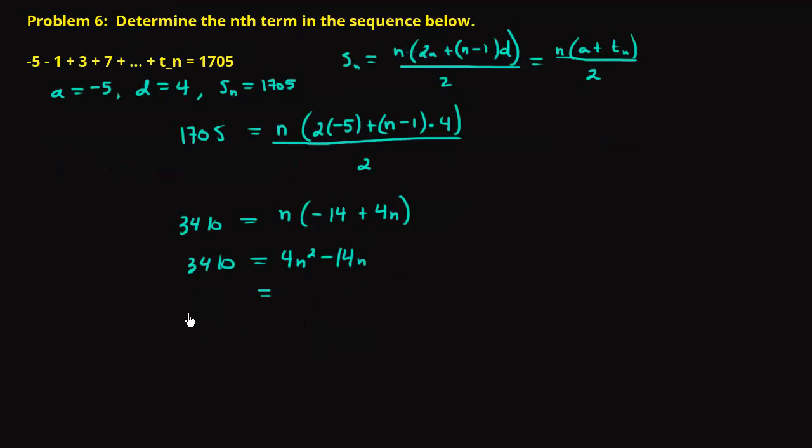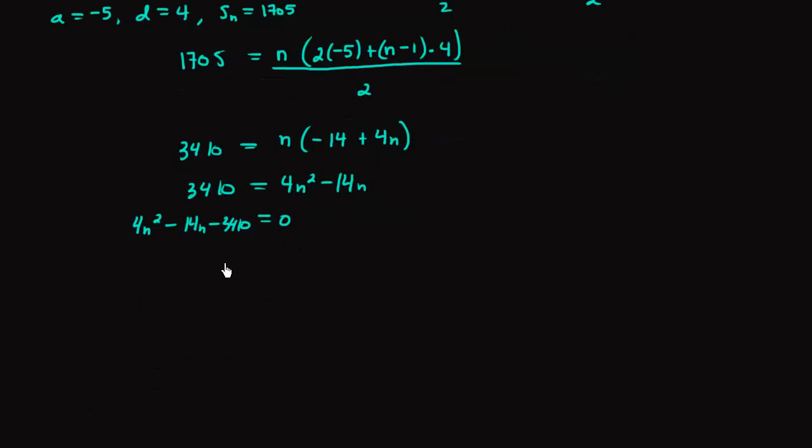Okay, so let's rewrite this equation in standard form. We have 4n squared minus 14n minus 3,410 is equal to 0. The next thing we should probably do is see if we can common factor. And here there's a common factor of 2 between all these terms.